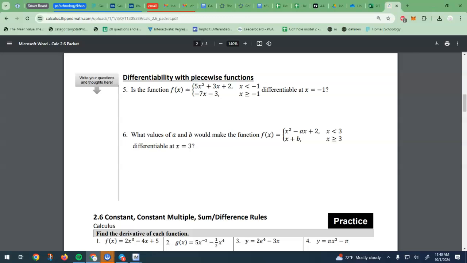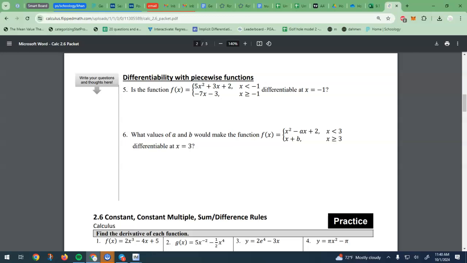So I gotta check if that slope and that slope are the same. How do we find slope in this class? Derivative. So we gotta find out if those derivatives are the same. So 10x plus 3, is it equal to, I don't know, -7? Because the derivative of that bottom part is just -7.